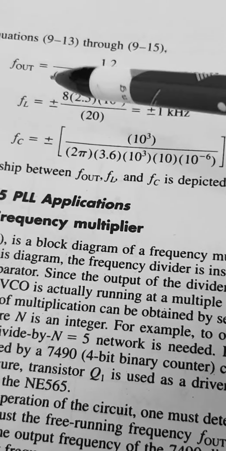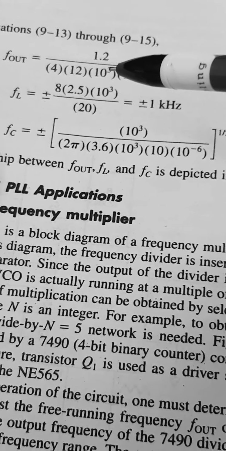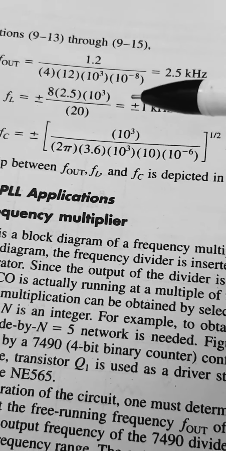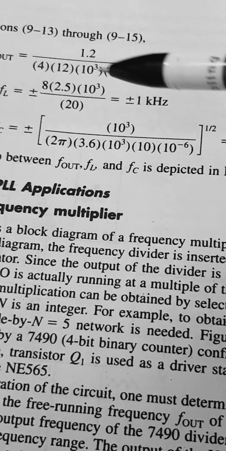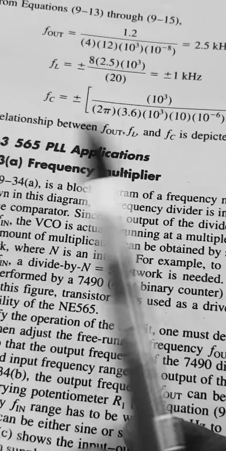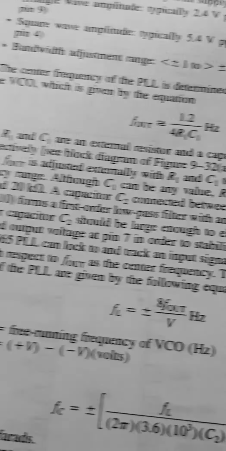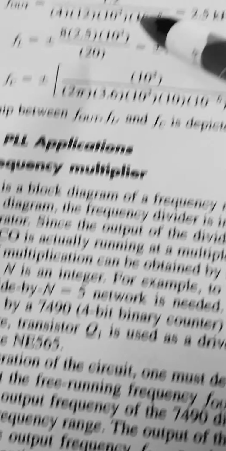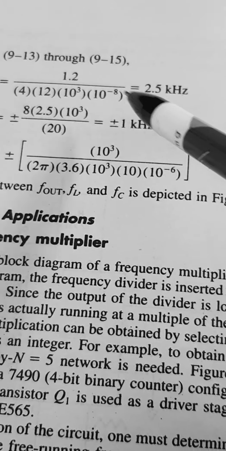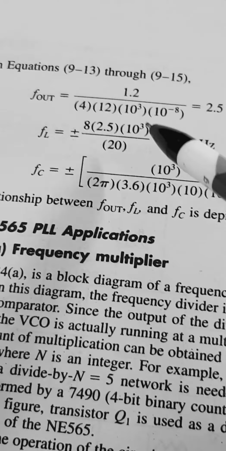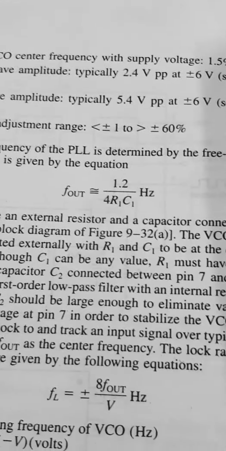Now first we will see F out. F out is nothing but 1.2 divided by 4 into R1 into C1. C1 is 0.01 microfarad, that is 1 into 10 to the power of minus 8, and R1 is 12 kilo ohm.